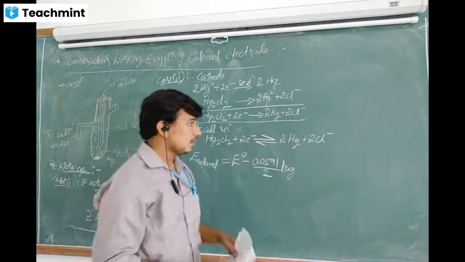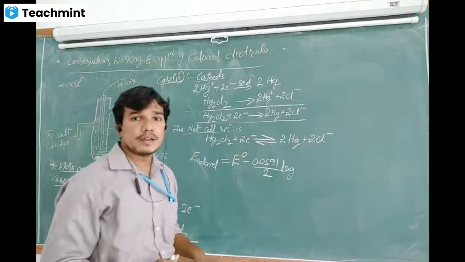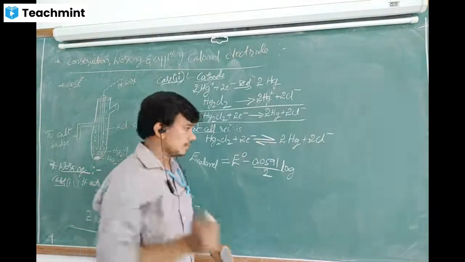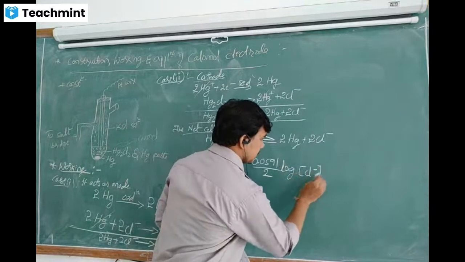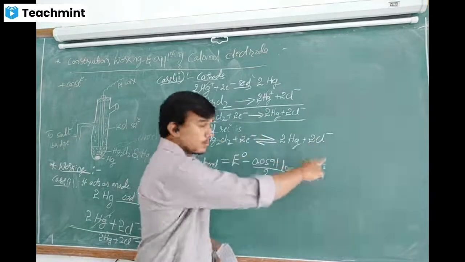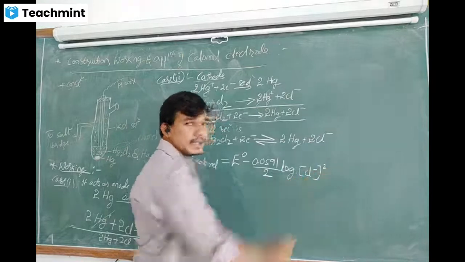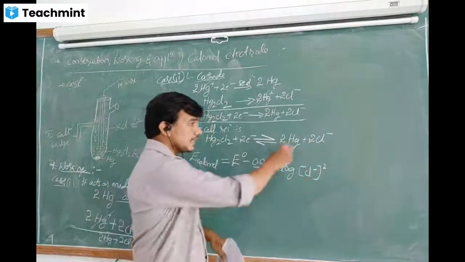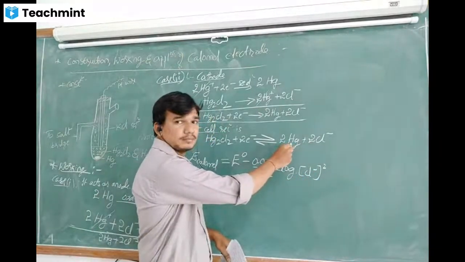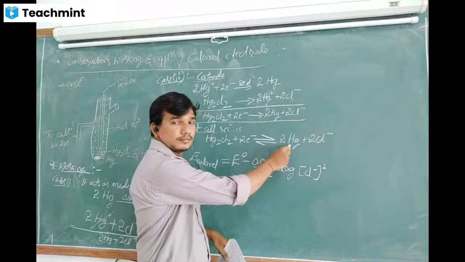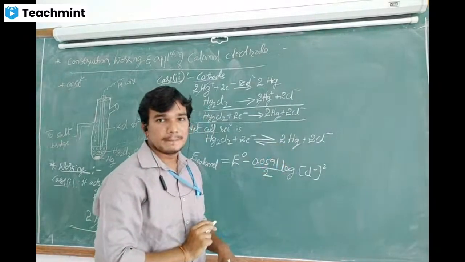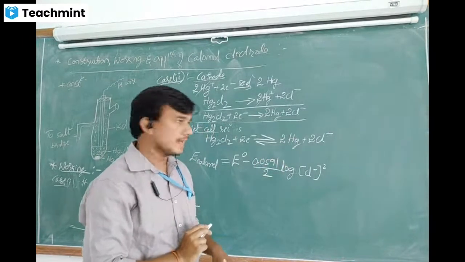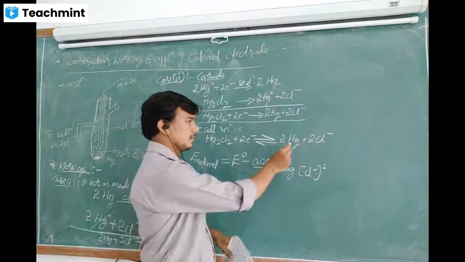How do I have to write? Cl minus whole square. 2Cl minus, we have to write Cl minus whole square. Do I have to consider Hg? Why?